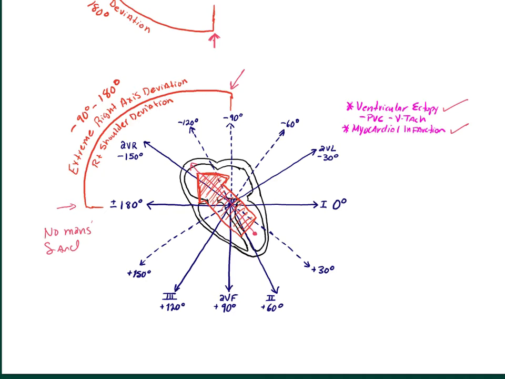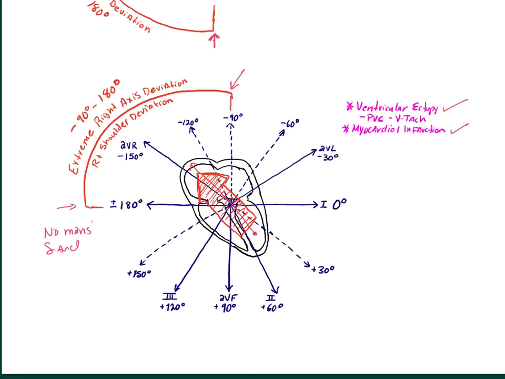And this may be a method, and I say may because it's not always the case, but it may help you when you are trying to differentiate between SVT with aberrancy and ventricular tachycardia. In general, VTach tends to have more extreme right axis deviation, and that kind of makes sense, right?